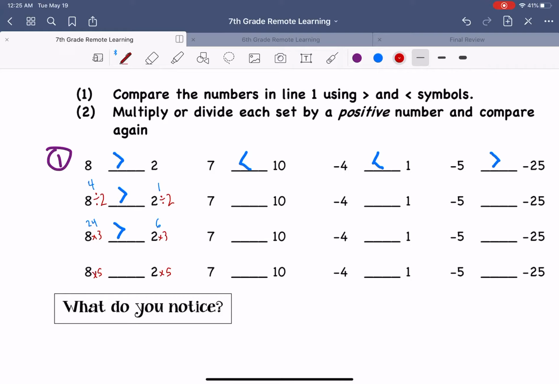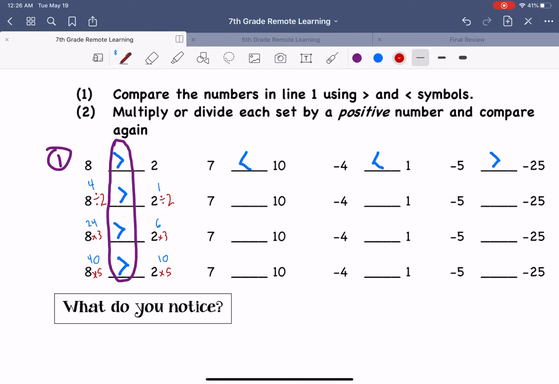I have to do that because I'm trying to maintain equivalency. We're thinking about this the way we would when we solve. We're doing the same thing to both sides, or else it's going to mess everything up. So now I have 40, and 2 times 5 is 10. I want you to notice that all of these are the same. That is important, and we're going to keep looking at a couple more and see what happens.